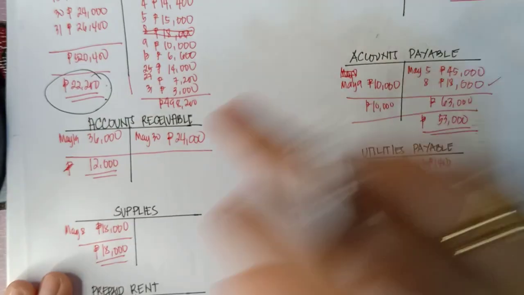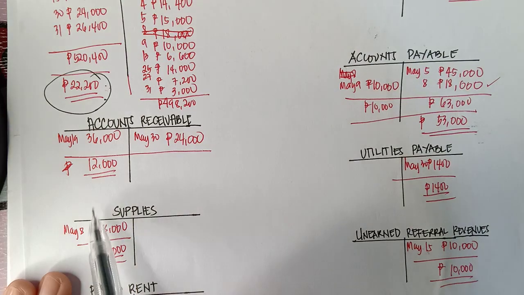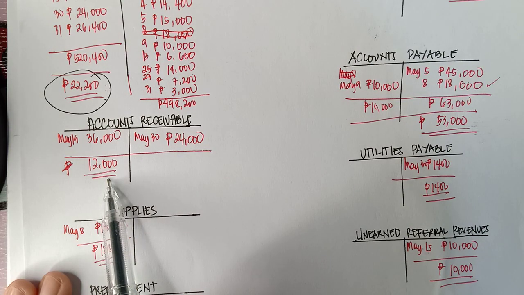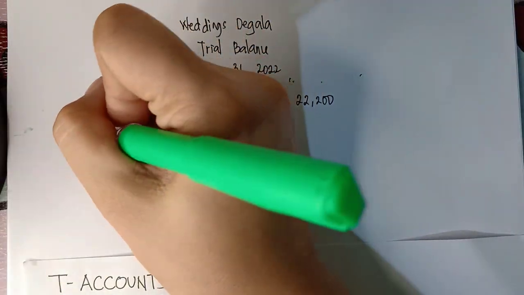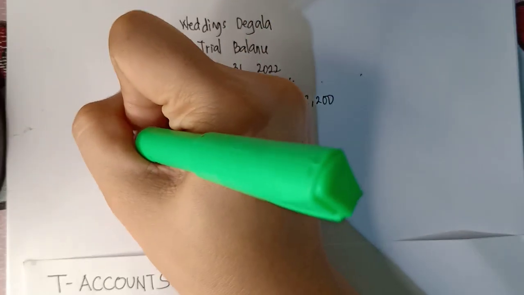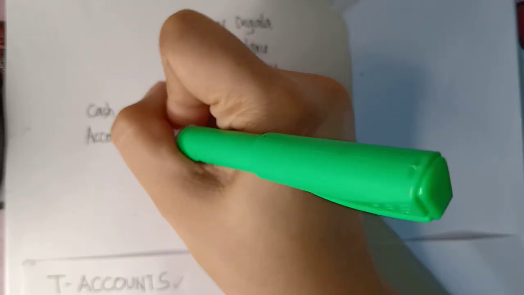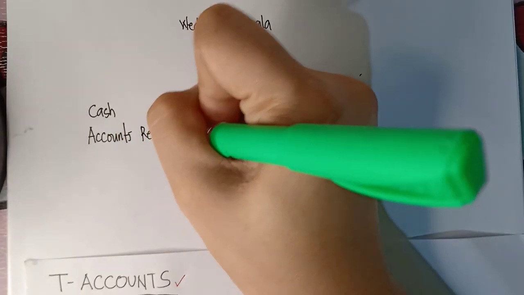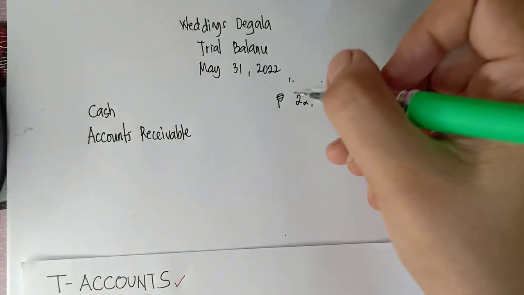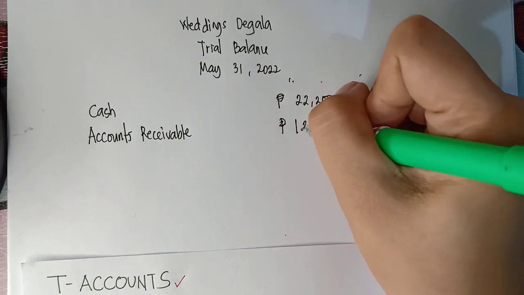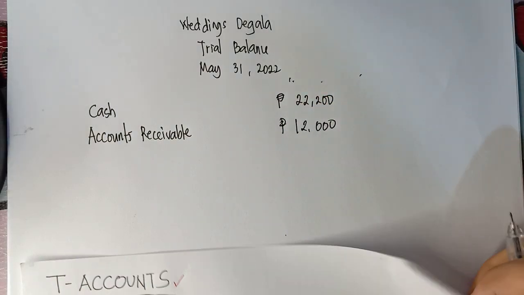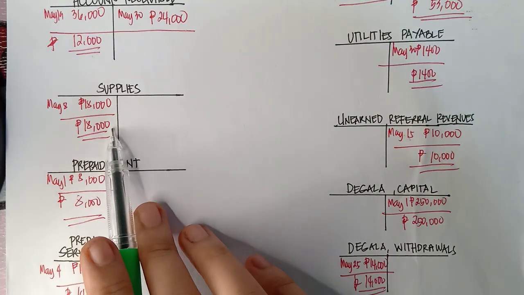Next account title is accounts receivable, and the accounts receivable is on the debit side. So let's put accounts receivable here, with the total of 12,000 on the debit side. Next is the supplies.